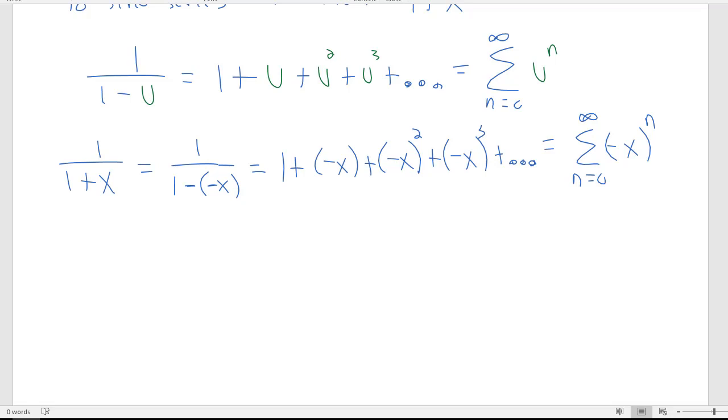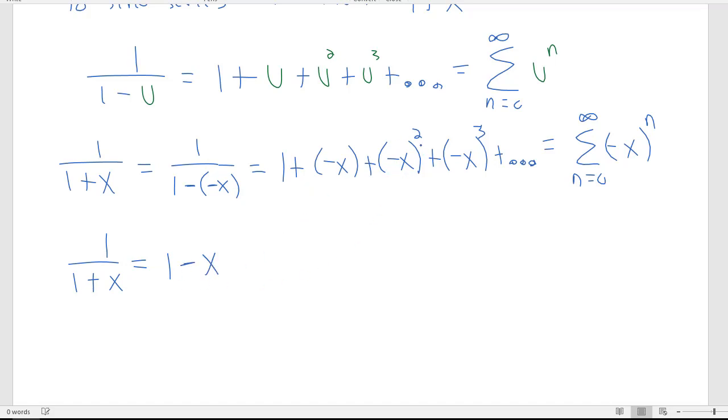All right, so the last thing I really want to do here is just a little bit of cleanup. So let's take a look at our power series that we have written here, 1 plus negative x plus negative x squared, so on and so forth. So we know this is representing the function 1 over 1 plus x. So, 1 plus negative x is the same thing as 1 minus x.